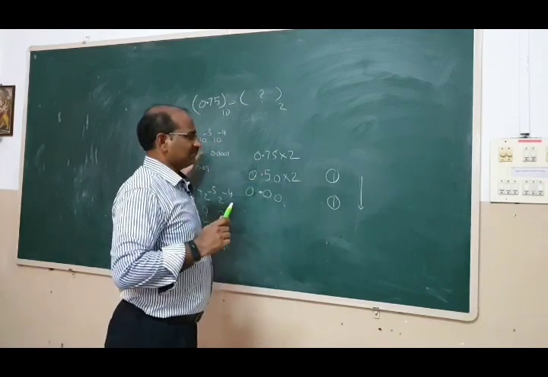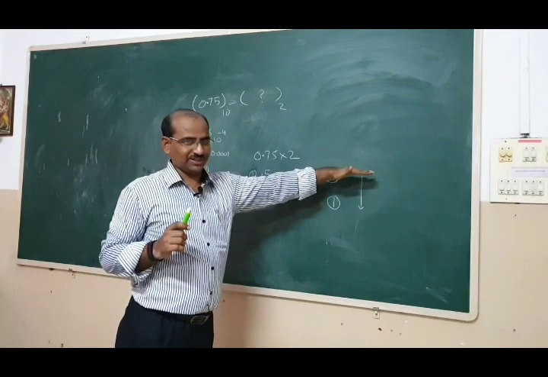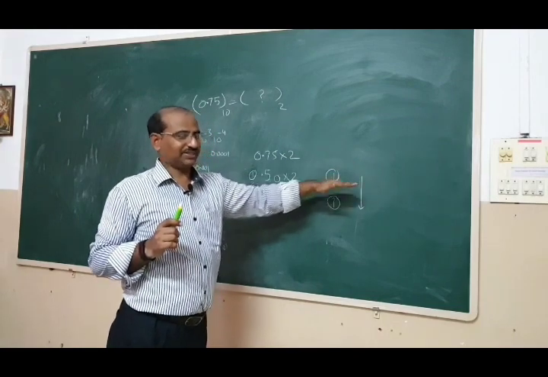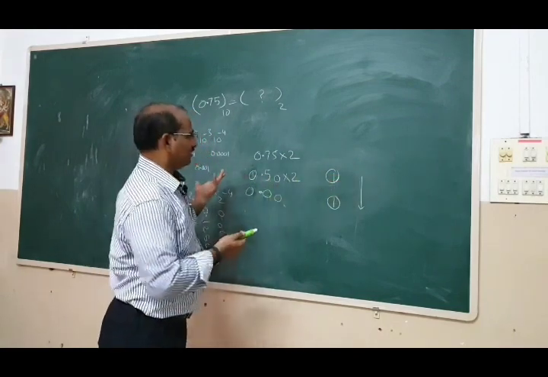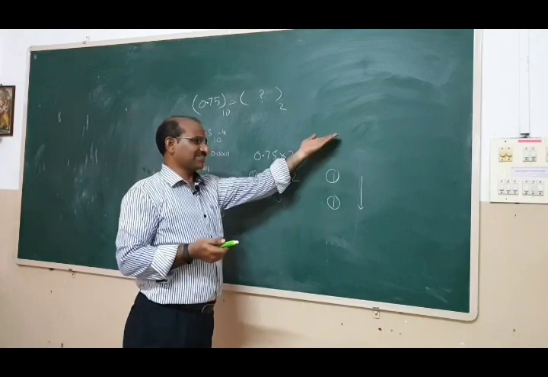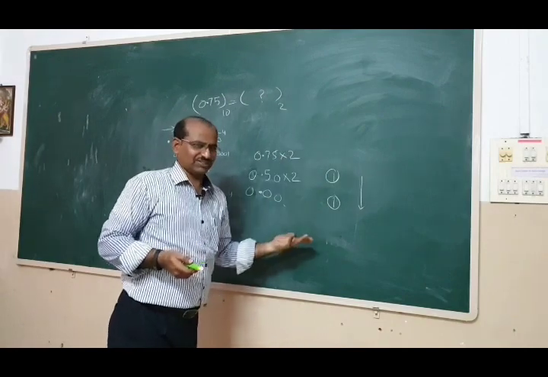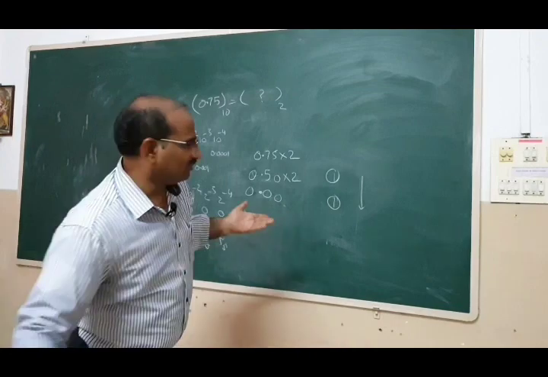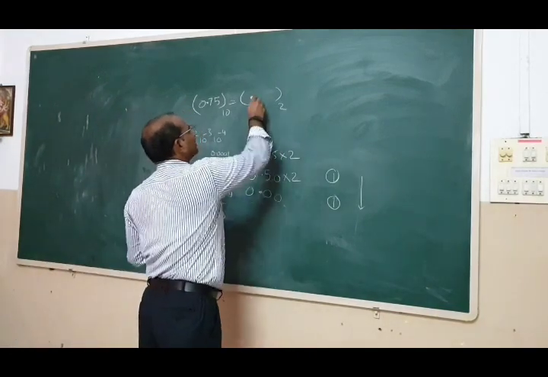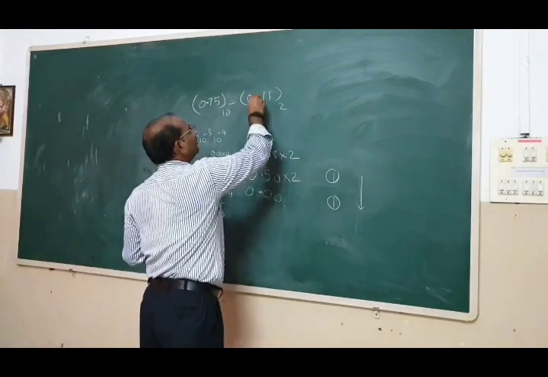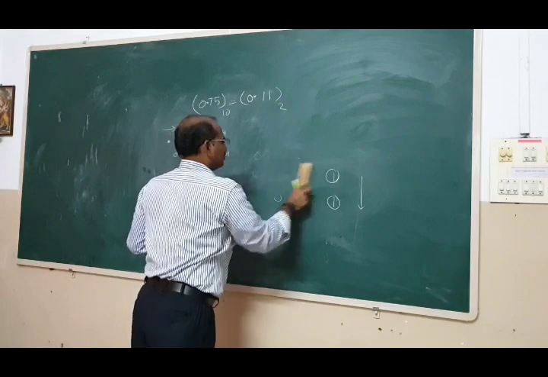For fractions we write the most significant bit at the top. That is the change. Here you may not notice, if you write this like this also, you will get 1 1 only. So we will do one more example, then we will understand. So now this is 0.11.